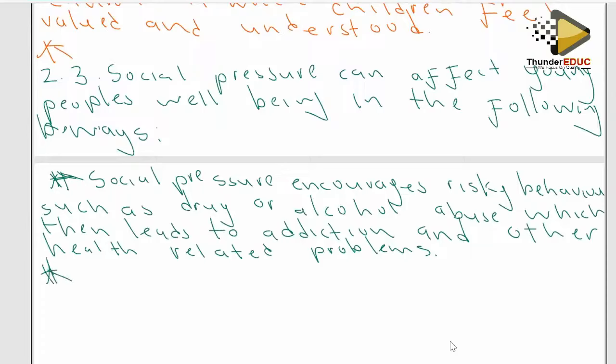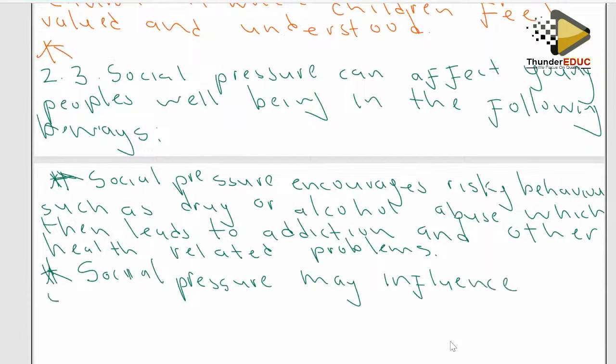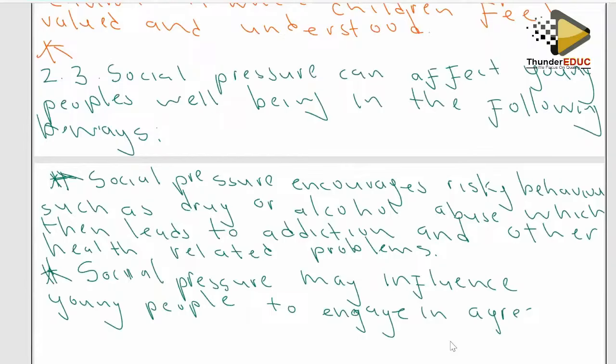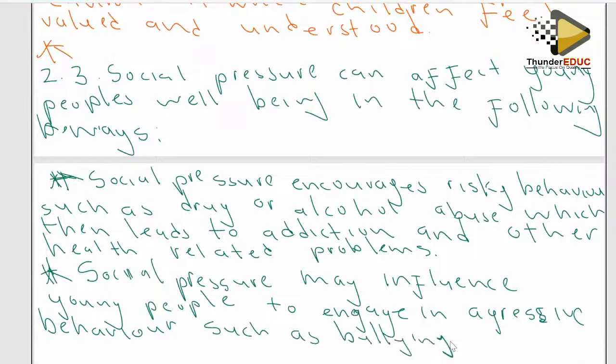In addition to this, you would find that social pressure from friends and classmates can influence young people to engage in aggressive behavior, such as bullying and fighting.